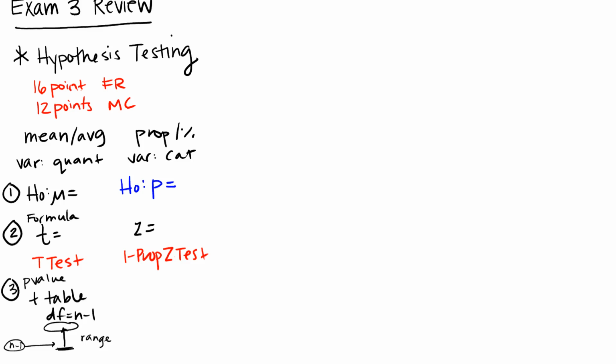For proportions, we're going to go to the z-table. And remember, you want to think about your drawing. If we're doing a right-tailed test and you have a positive z-score to look up, subtract from 1, or do my little trick of always looking up a negative.